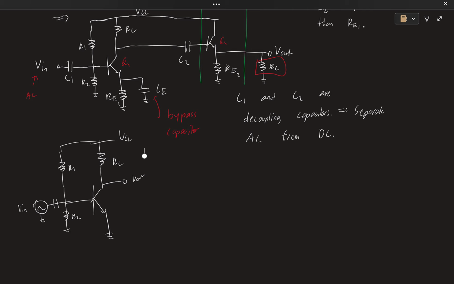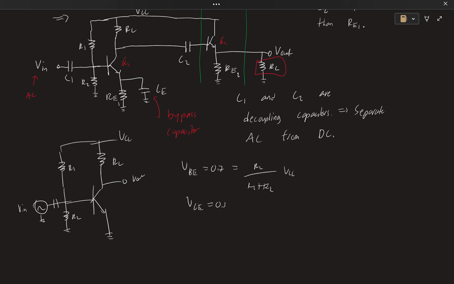We know we have to operate in the forward active region, so VBE is 0.7, and we can do this by saying R2 over R1 plus R2 times VCC. We can solve for R1 and R2 and come up with some values. Now the next thing we want to do is make sure our VCE is going to be greater than VCE sat, typically 0.3.